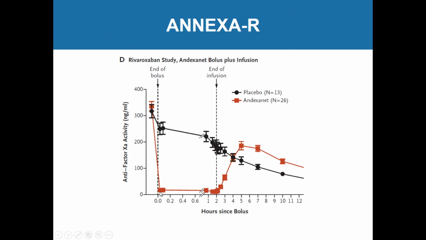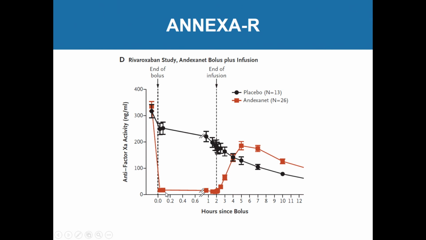However, what I do not show is that if patients received only the bolus, there was a rapid rebound in anticoagulant activity, so a 2-hour continuous infusion of andexanet is required to suppress the anticoagulant effect of rivaroxaban.